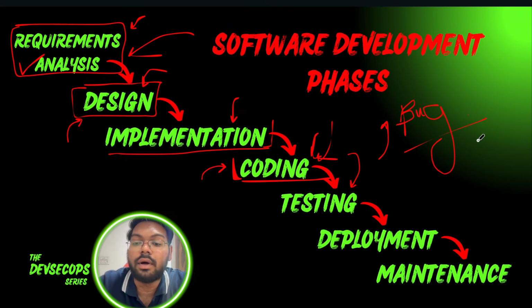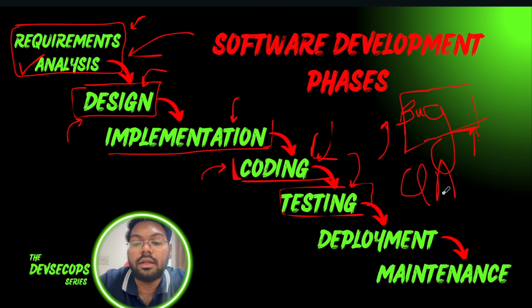A bug is something that should be working in a different way, but currently is not behaving as per the requirement. It is something which is not working right. That is called a bug, which we find in the testing phase. Majorly quality assurance people work in this phase. They can do manual testing or automated testing and a lot of different stuff.